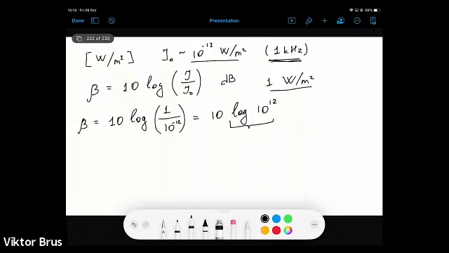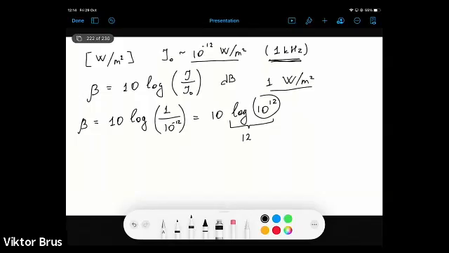Properties of logarithm. Is it 1? No, it's 12. It's actually the power. The decimal logarithm gives us the power to which we need to raise our base, which is 10, in order to get this number, and that is 12.